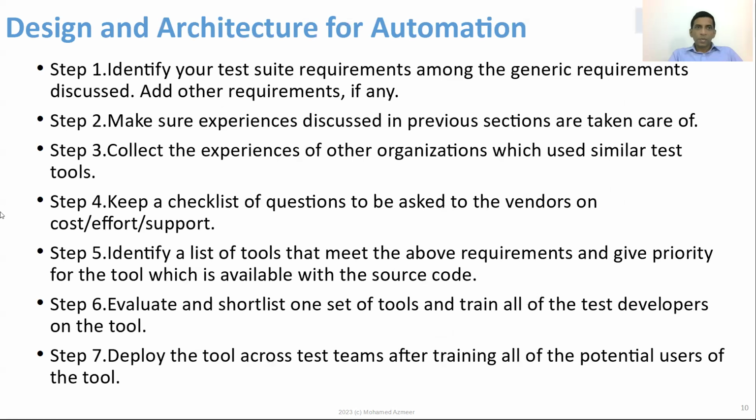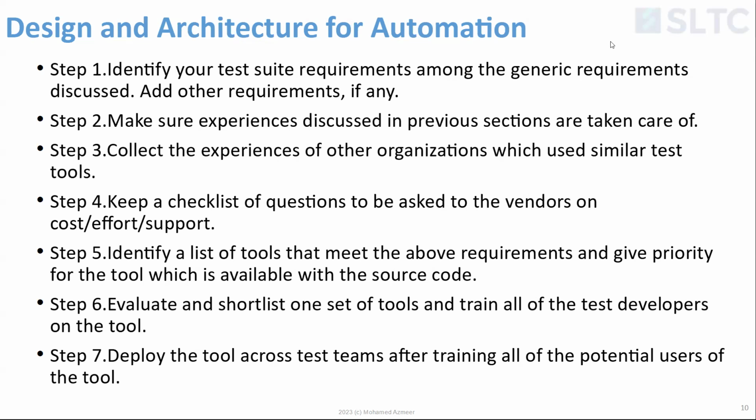Right. Now, when it comes to designing and architecting the software, what are some of the steps required to do that? Step number one is identify your test suite requirement. What does that mean? Now, we have certain requirements ourselves, right? We call it the generic requirement.